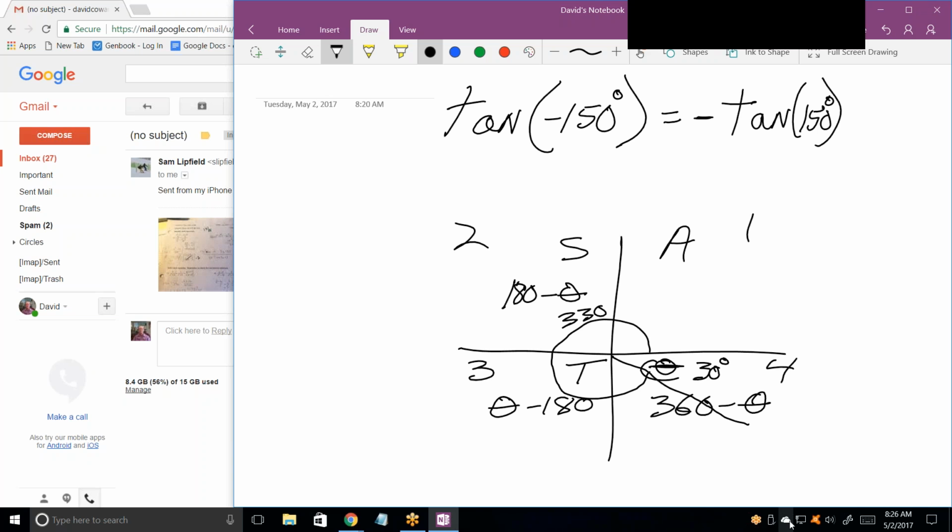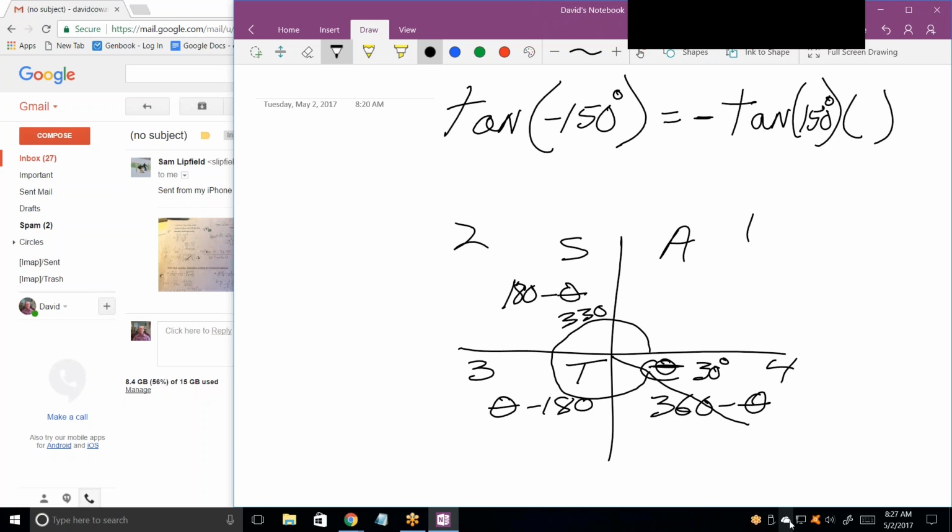Now, let's work with this 150 degrees and we'll end up with the correct answer. What's the reference angle for 150 degrees? Second quadrant. You're doing it the hard way, which is the problem.